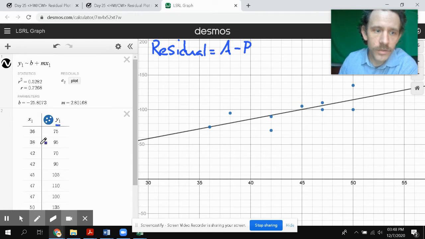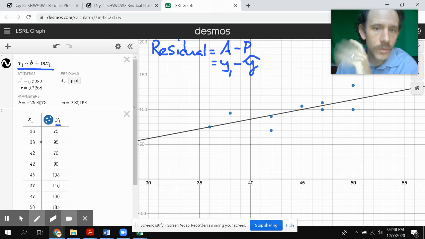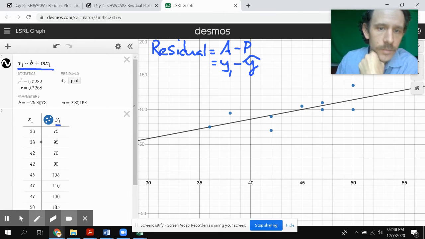So we actually use this y1 as what we would say our actual is, and the predicted is the line of best fit, which is this equation here. All right, so we would use a hat if we were writing this by hand, if we were having issues with the symbol.